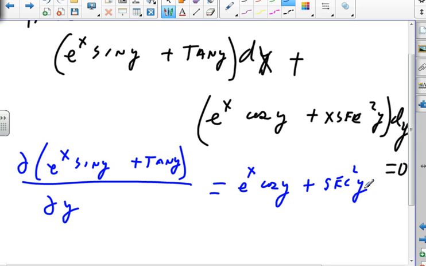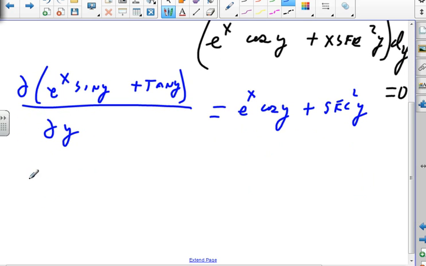No one's jumping up and down telling me that I'm right. The derivative of tangent. Yes, the derivative of tangent is in fact secant squared. Okay.